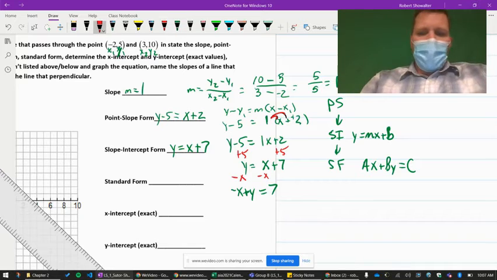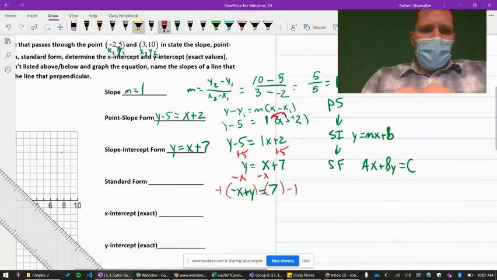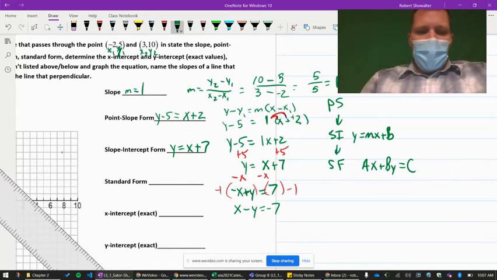It's still not in standard form, because we want to get rid of that negative on the front. So we multiply both sides by -1, and we get x minus y equals -7. That becomes our standard form.